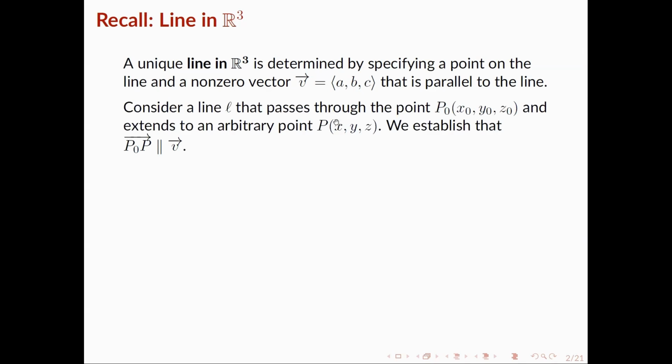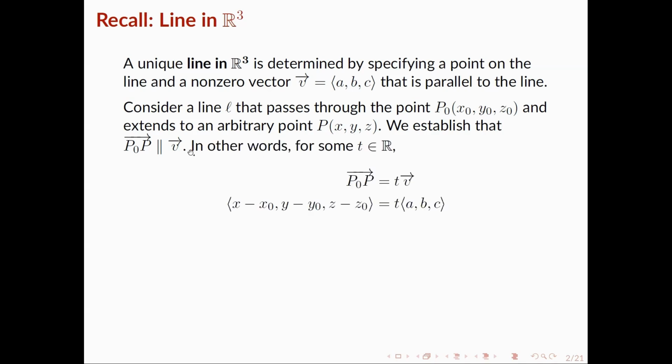Consider a line L that passes through the point P0 given by (x0, y0, z0), and extends to an arbitrary point P given by (x, y, z). We establish that the vector that extends from P0 to P is parallel to the vector v.